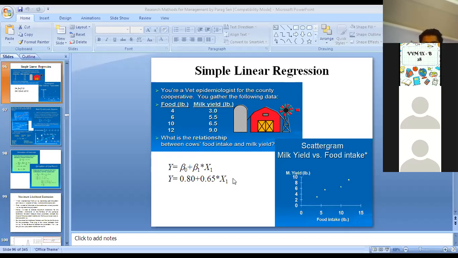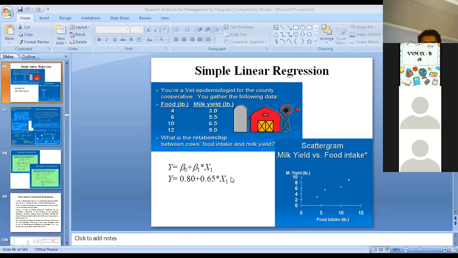Okay, so this is actually the equation of the estimated line. Okay, so you will find the estimated value based on this equation. If you want to find out the estimated value for, suppose, the food intake 4, then you put here 4.